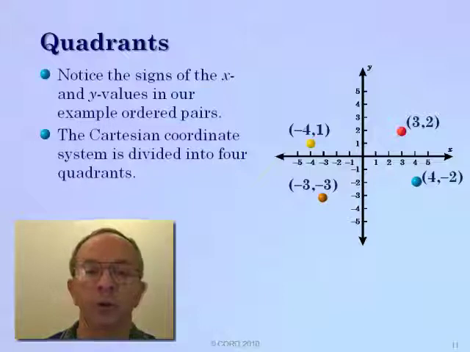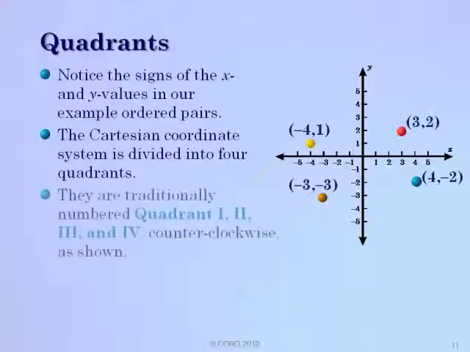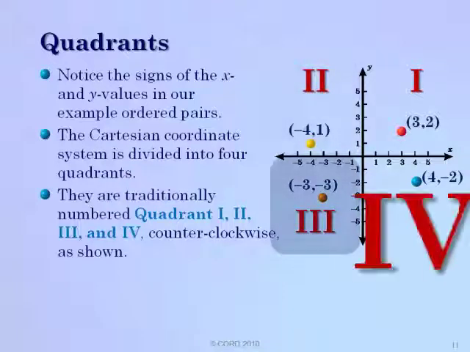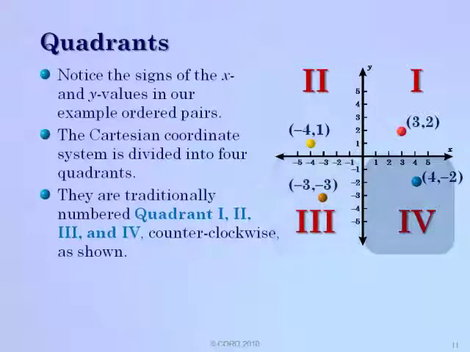Our Cartesian coordinate system is actually divided into 4 quadrants because of those signs that you see on those numbers. They're traditionally numbered quadrant 1, Roman numeral 1, Roman numeral 2 for quadrant 2, Roman numeral 3 for quadrant 3, and Roman numeral 4 for quadrant 4.